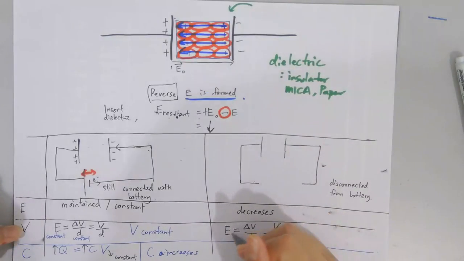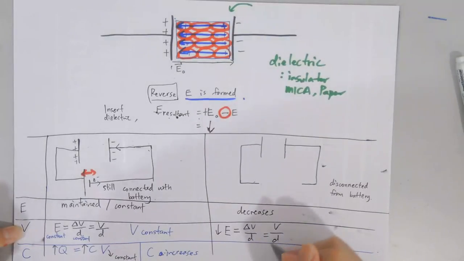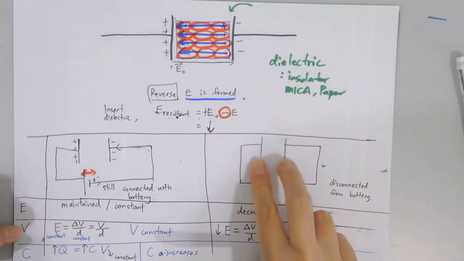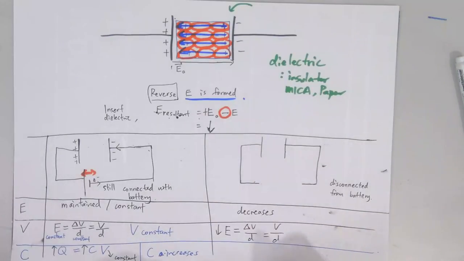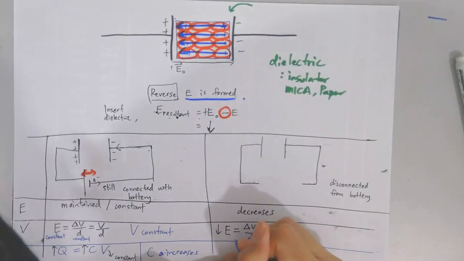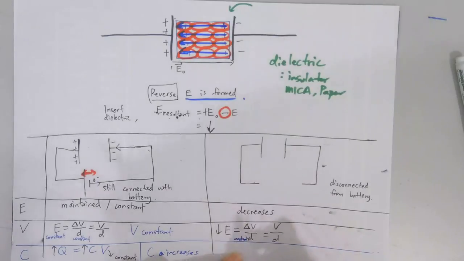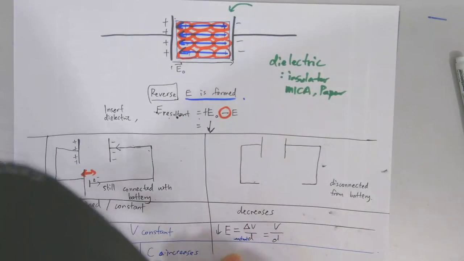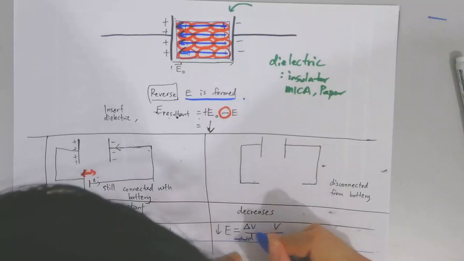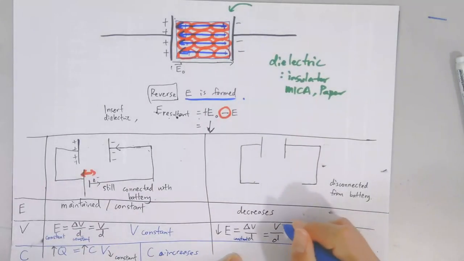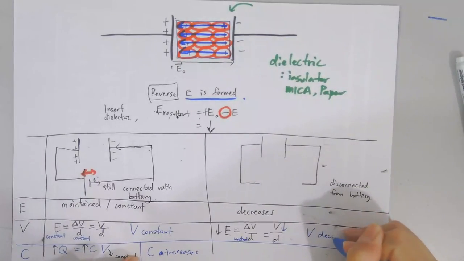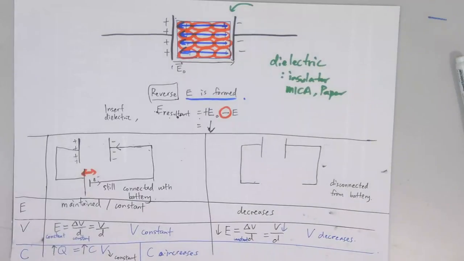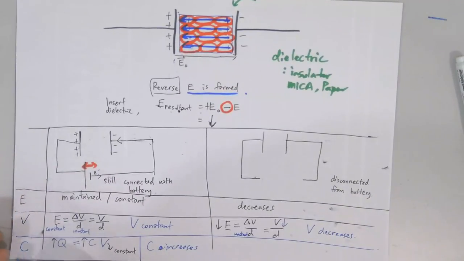Jadi di sini E dah menurun. D, plate separation, jarak di antara plate kita tak ubah, maksudnya nilai D constant. Kalau nilai D constant dan E menurun, so what will happen to V? Saya dapati nilai V menurun. So we have this.